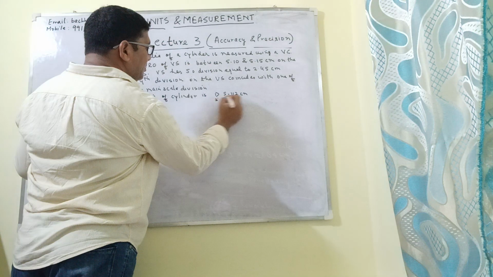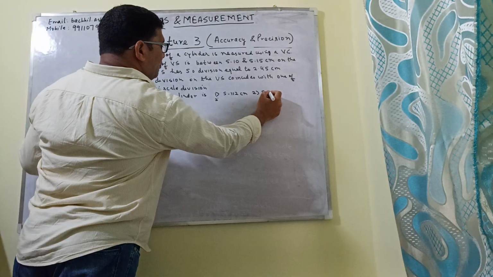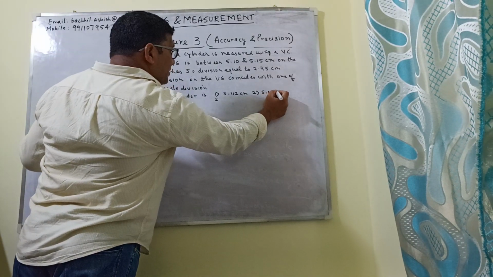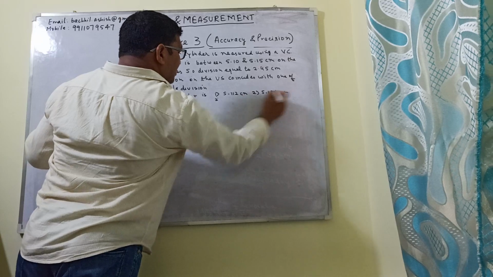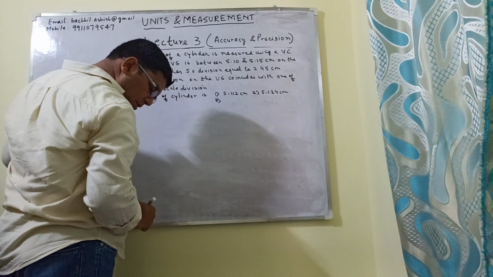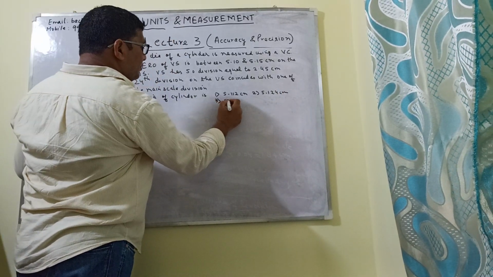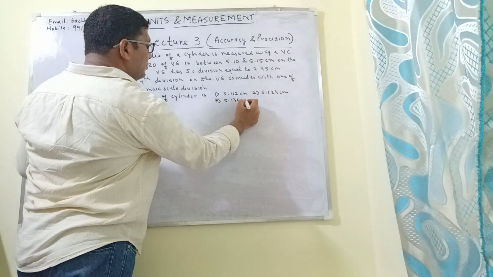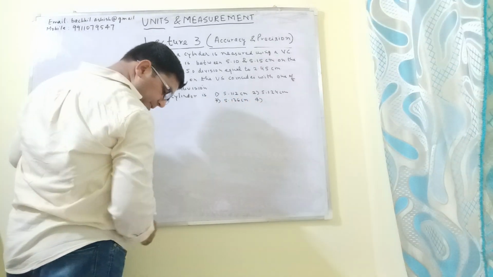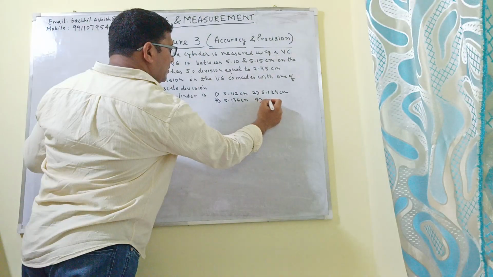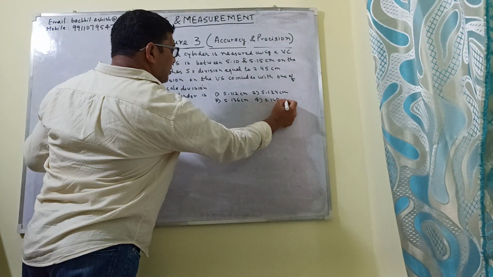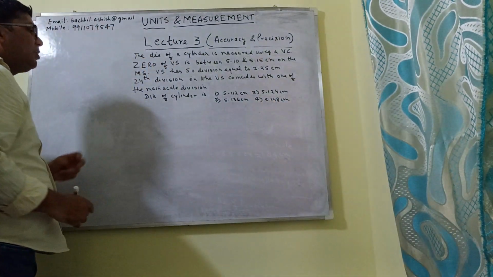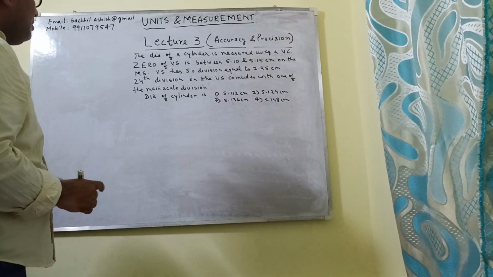Second is 5.124 centimeter. Third is 5.136 and the fourth one is 5.148. ये चार ऑप्शन दिए हैं, इसमें से कोई एक ऑप्शन हमारा सही होगा.